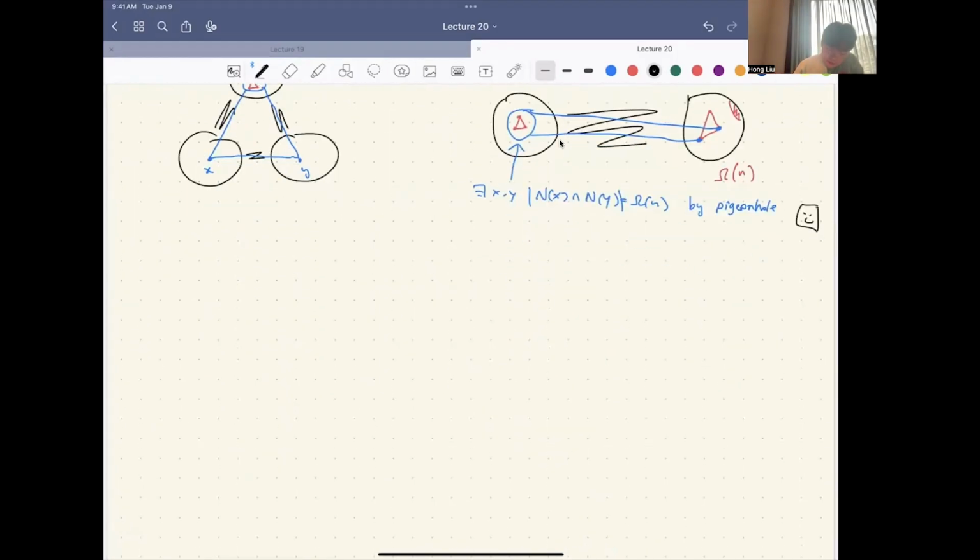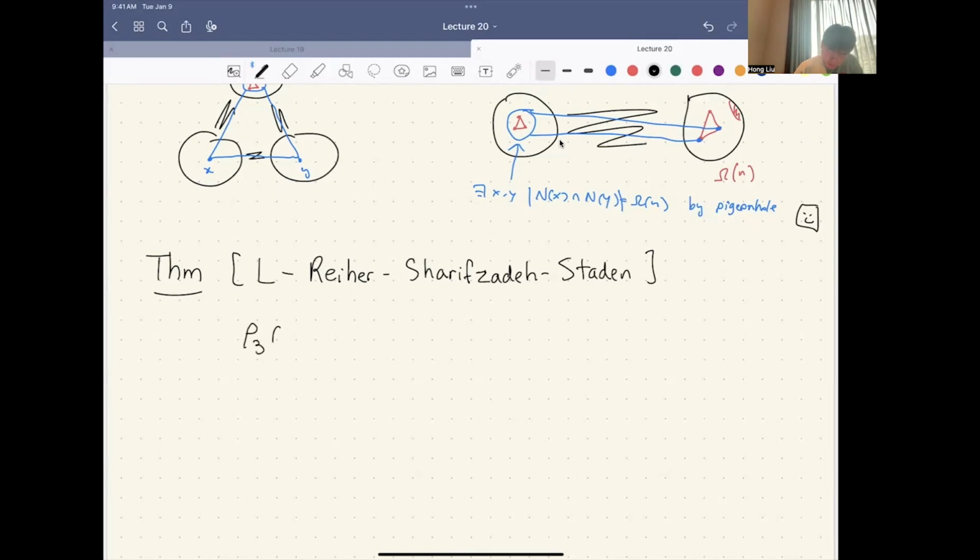So this is a theorem, by myself, Christian Reiher, Marion Sharifzadeh, Katherine Staden. We prove that rho 3 of K5 equals 1/6.